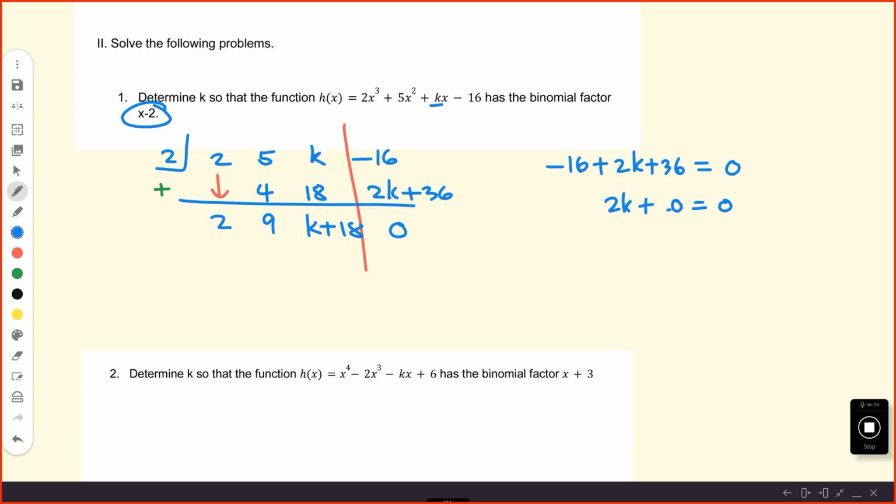Okay, so that's 20, not 10. All right, but you already figured out the answer, right? Yeah, the answer is actually negative 10. Okay, so that's going to be what? 2k equals negative 20. So if you divide by 2, k equals negative 10.